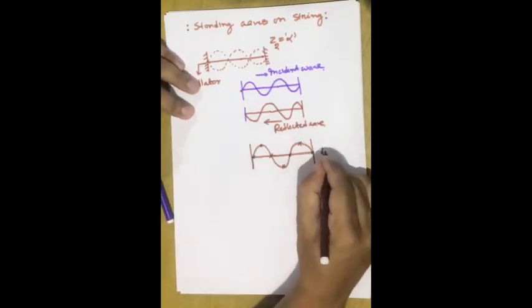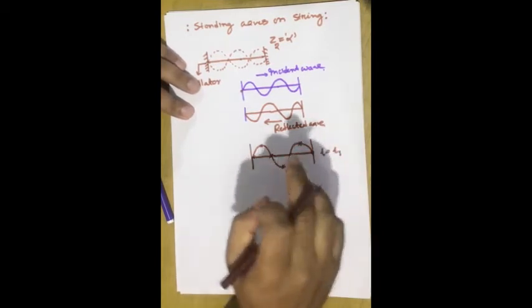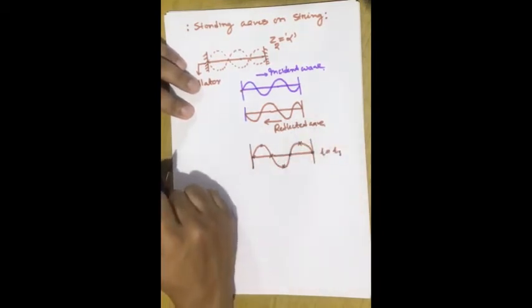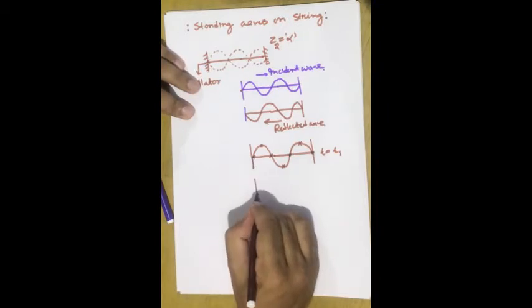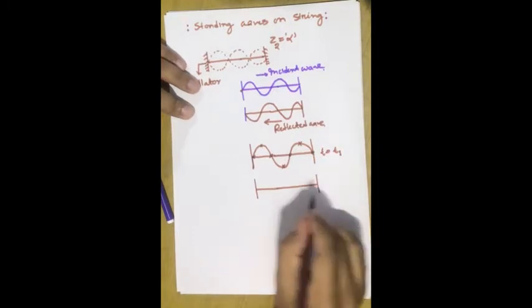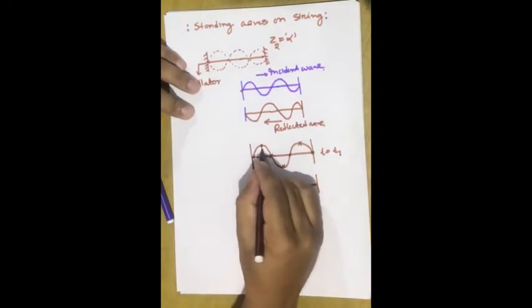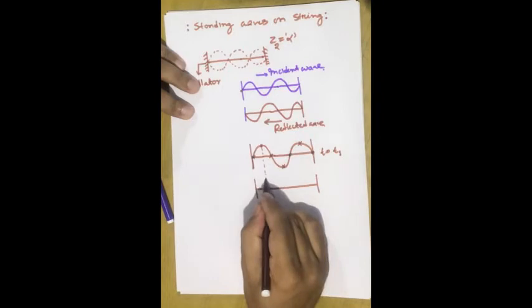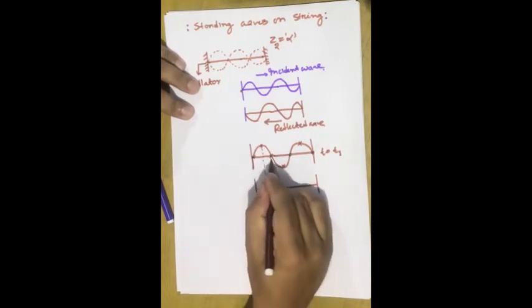Say at time t is equal to t1, this is the standing wave pattern which we observe. At another time, what will happen? The wave pattern will look something like that. You see, the position of maximum and minimum will not change, but their amplitude may differ.